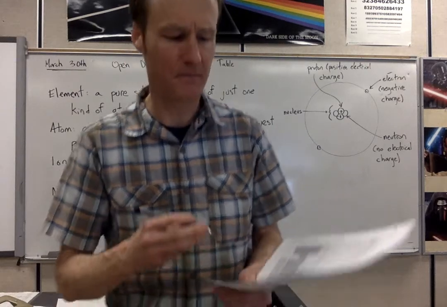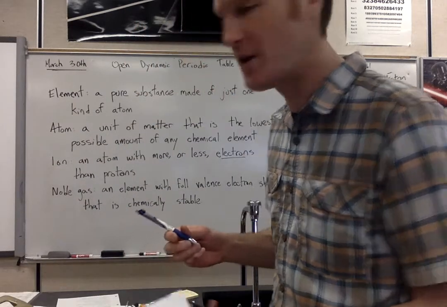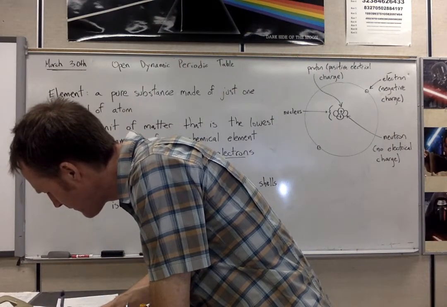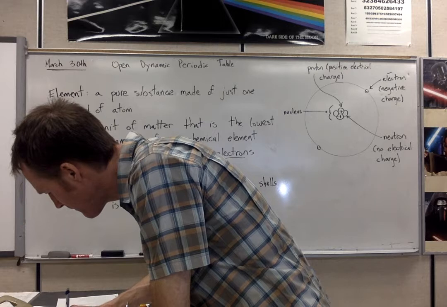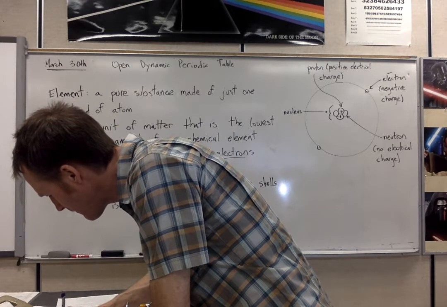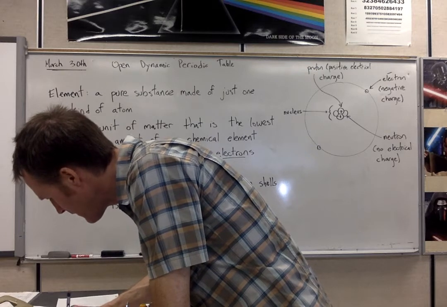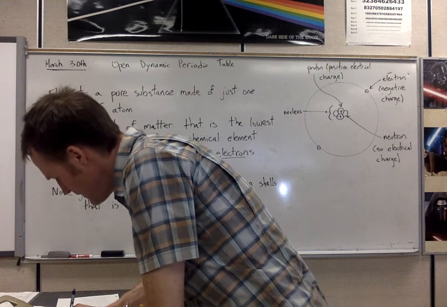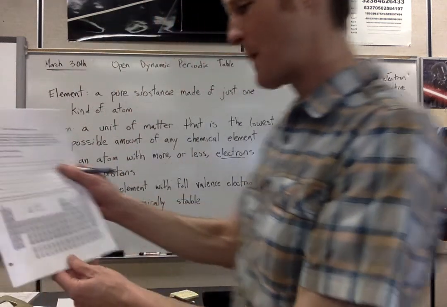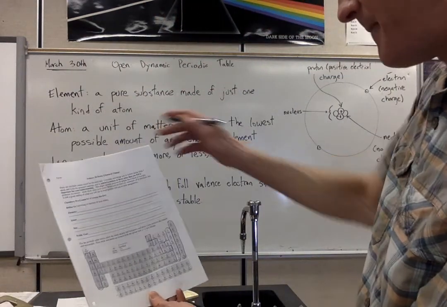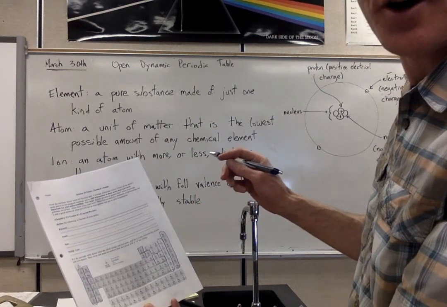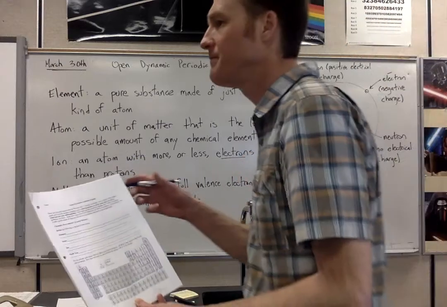I'm going to circle them, and I'm going to name for you what they are. So boron, silicon, arsenic, antimony, and tellurium are all what are called metalloids.